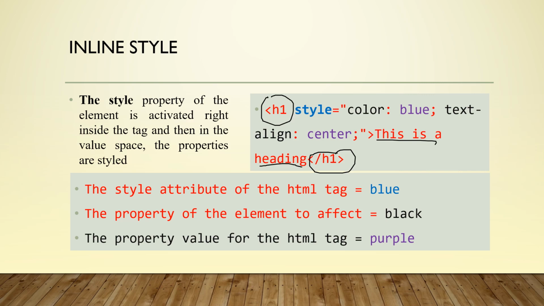So the style attribute of the HTML element is actually this style, recorded in blue. This is the selector, and then the syntax is this. The color is the property we want to change on the h1 tag, and we assign blue to it, which is the value of the color.